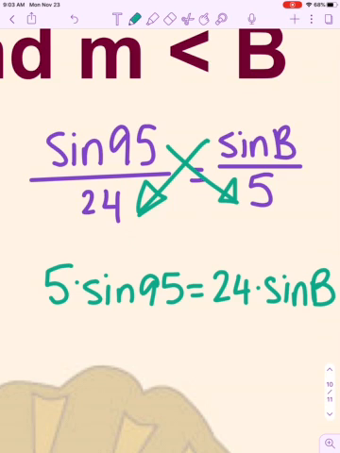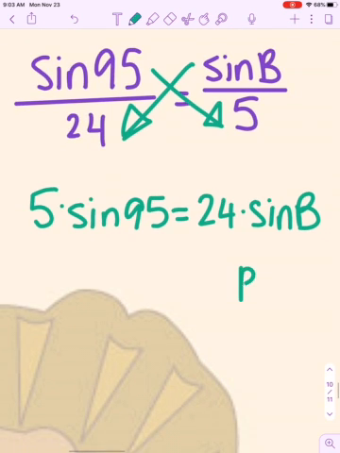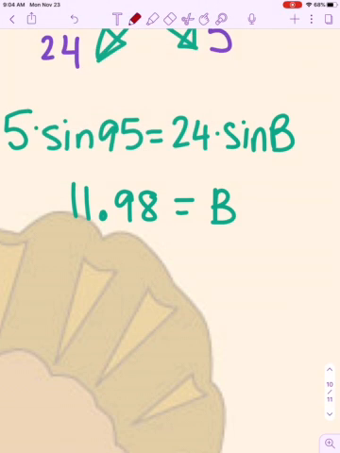So 5 sine 95, you get 4.98. Divide that by 24. You get 0.2075, second sine, second answer. And we get that B is 11.98.